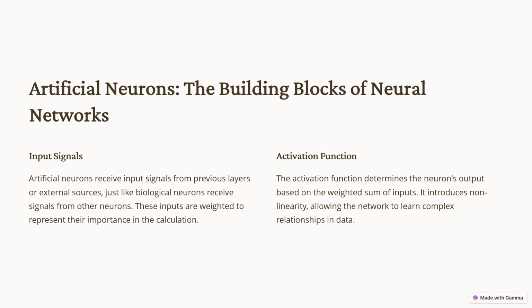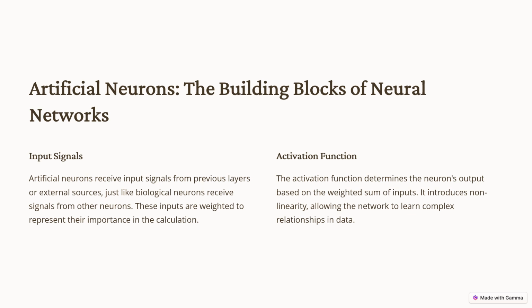Basically, these are the building blocks of neural networks, which have input signals and activation functions. Artificial neurons receive input signals from previous layers or external sources, just like how neurons receive from other neurons, and these inputs are weighted to represent their importance in the calculation of the activation function.